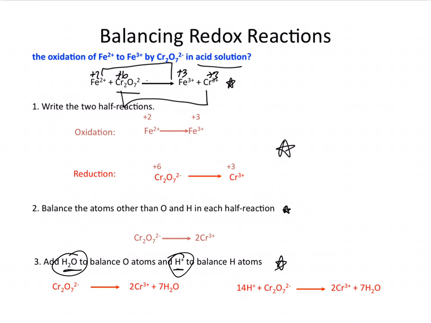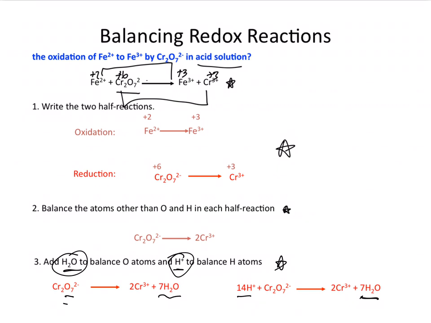In this situation, we have 7 oxygens on the left-hand side, so we need 7 oxygens on the right-hand side, so we add 7 H2Os. Over here, we take care of our hydrogen atoms. Now that we've added 7 H2Os, we have 14 hydrogens on the right, so in order to balance that, we add 14 H+ on the left. Now that we've balanced our hydrogens and oxygens, that brings us to step number 4.